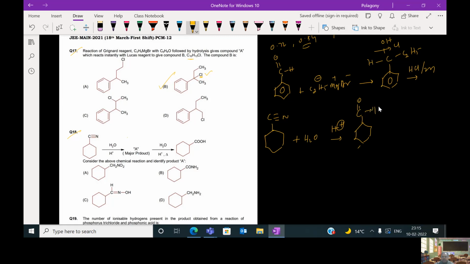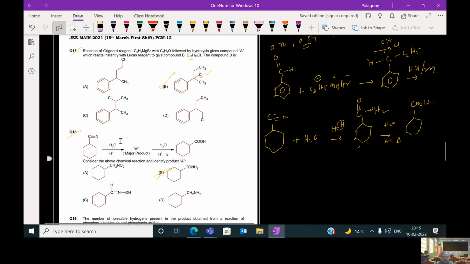Then the amide, followed by hydrolysis upon heating, gives COOH. So what is A? The major product is the amide, which is most appropriate. B is the correct answer. So the 18th question is B.